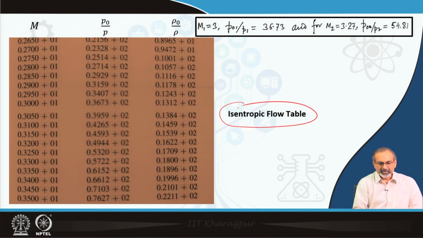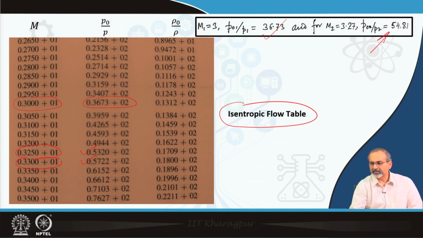So, if you read the tables, you find that for Mach number 3 you get a P naught by P of 36.73, which we have recorded here, and you have values close to 3.7, a little less than that and a little more than that, which are found here, 53.2 and 57.22.